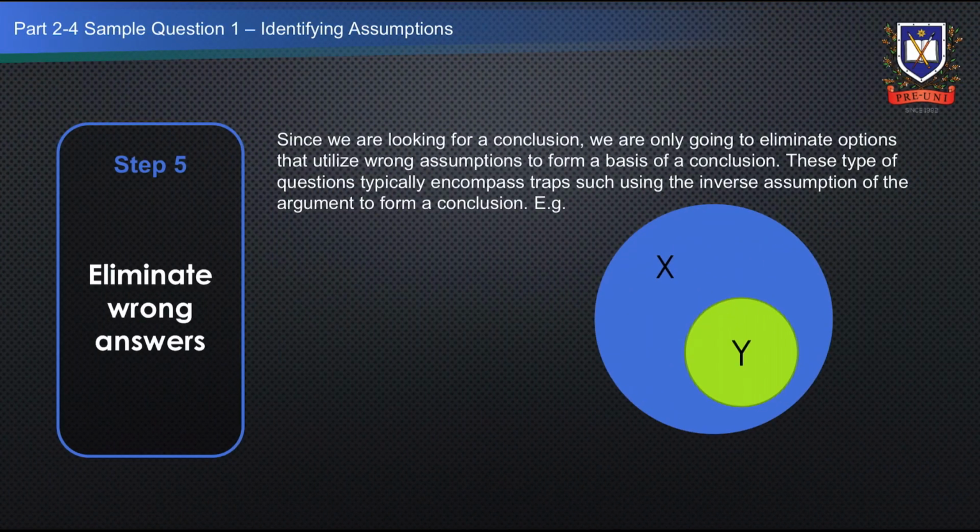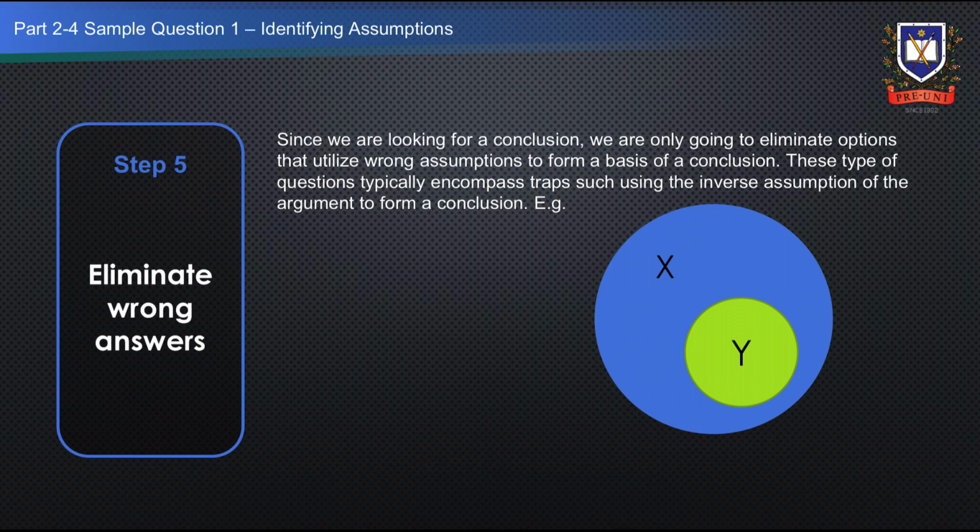The final step is to eliminate wrong answers. Since we are looking for a conclusion, we are only going to eliminate options that are inconsistent with the information in the text. In this case, wrong assumptions to form a basis of a conclusion.